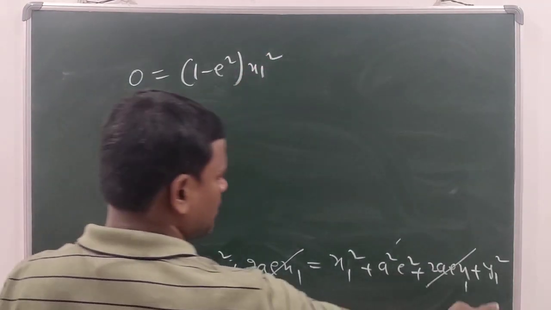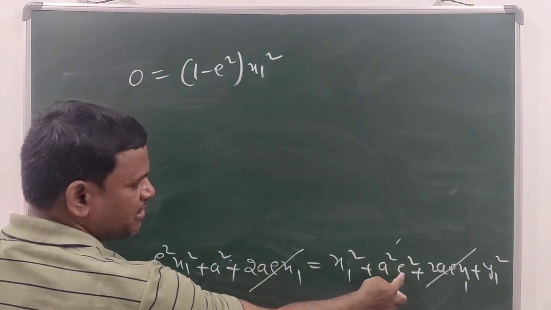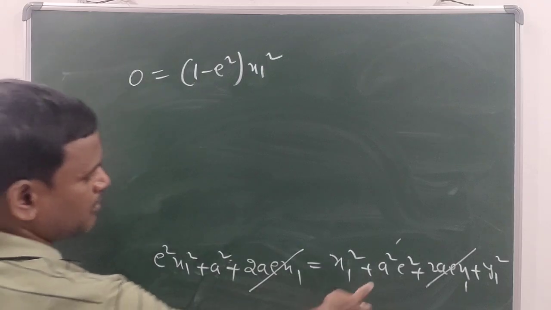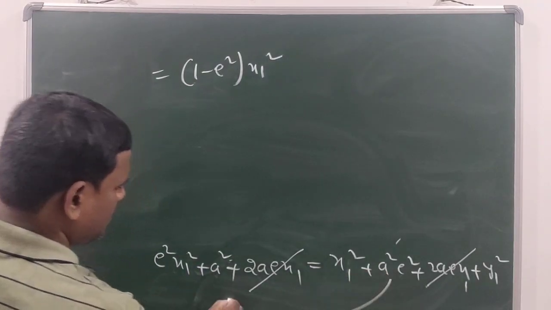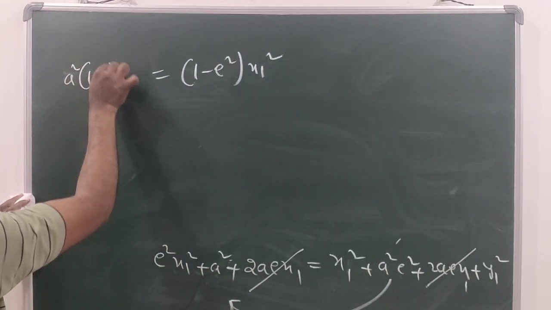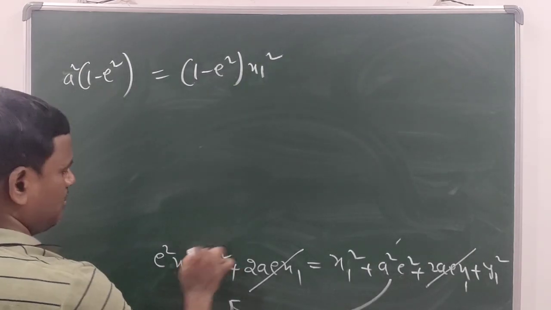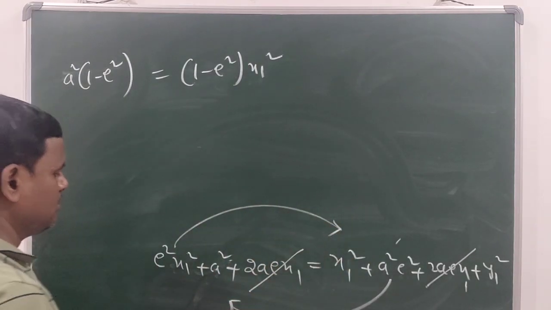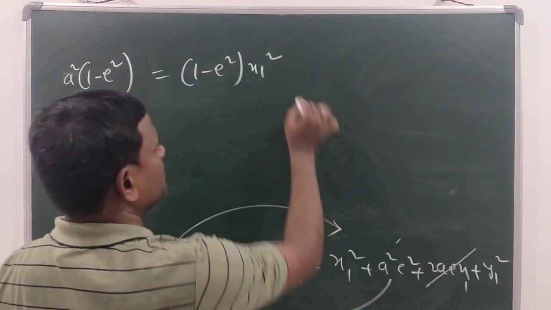And here, when you take a square e square and bring it to the left side, already one a square is there, so a square times 1 minus e square will come on the left side. So this we shifted to the right side, and here one y1 square is there.